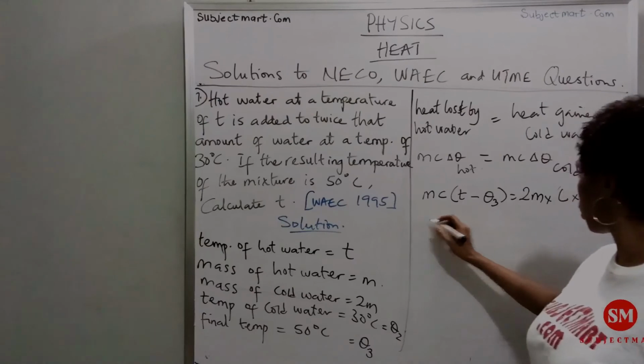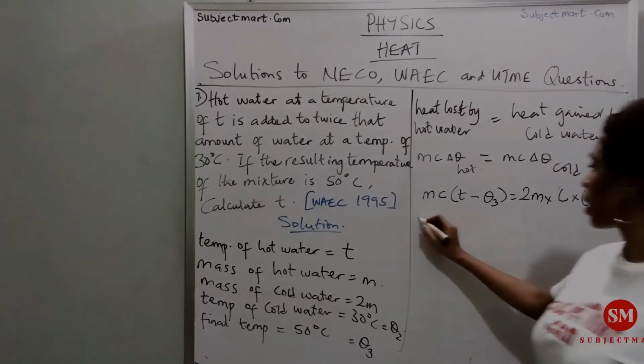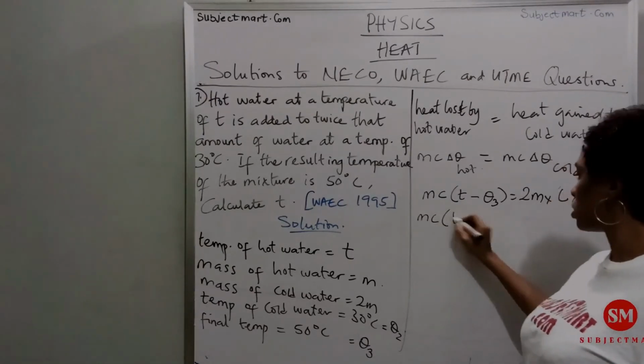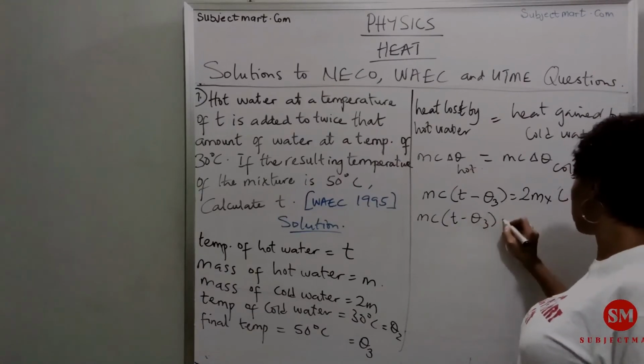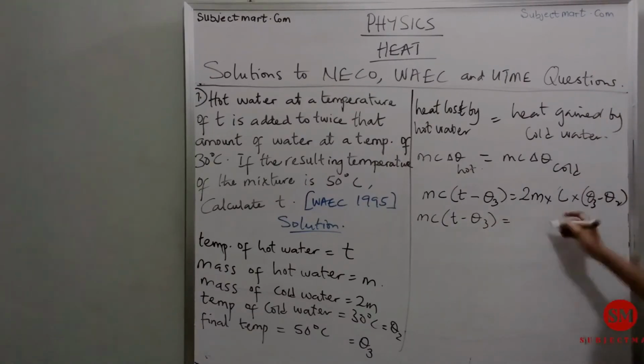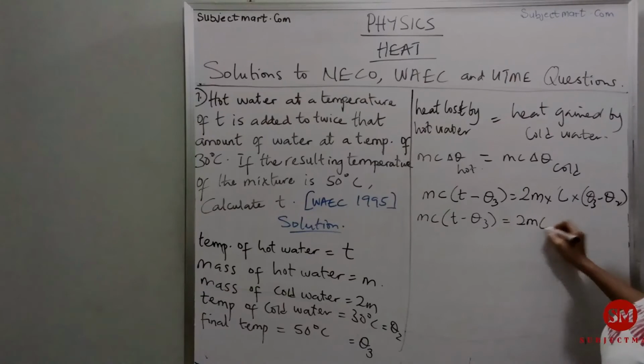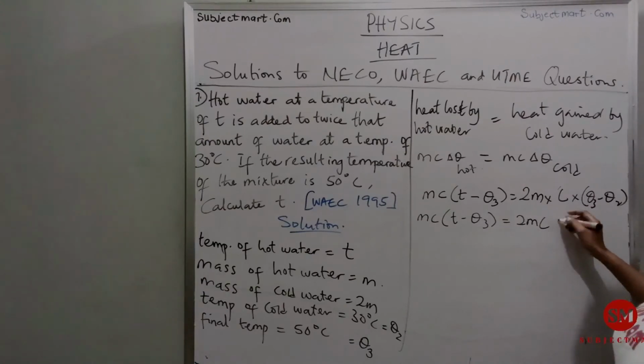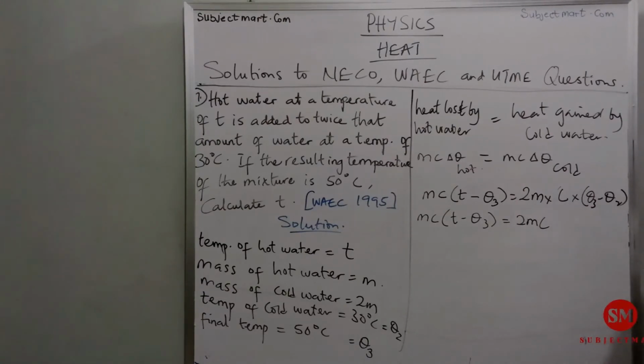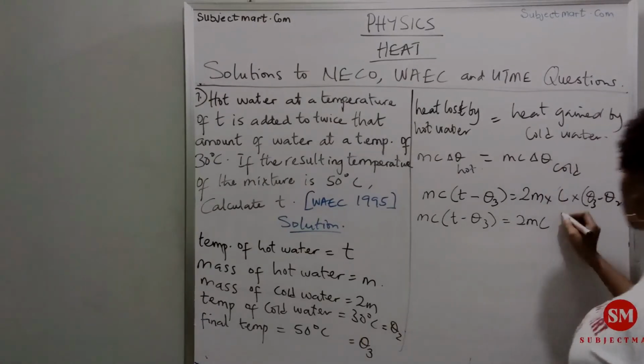So from here I have MC times T minus theta 3 is equal to 2MC times theta 3 minus theta 2. That's 50 minus 30.